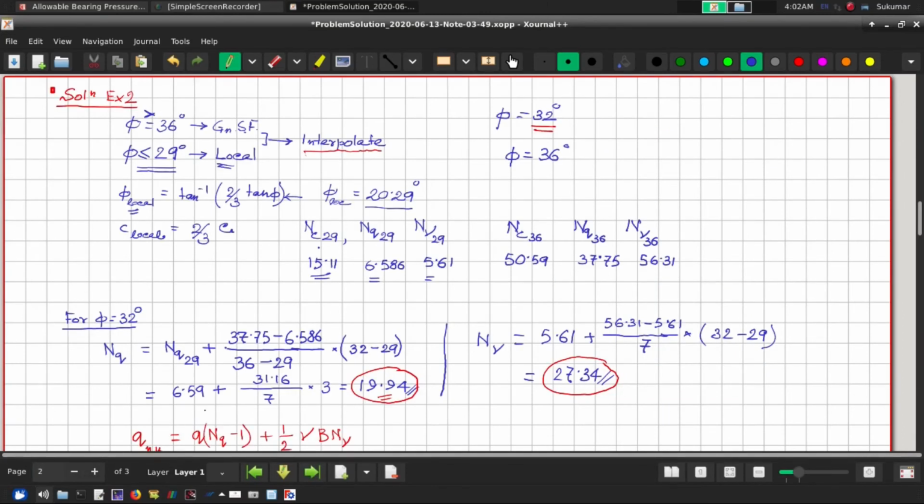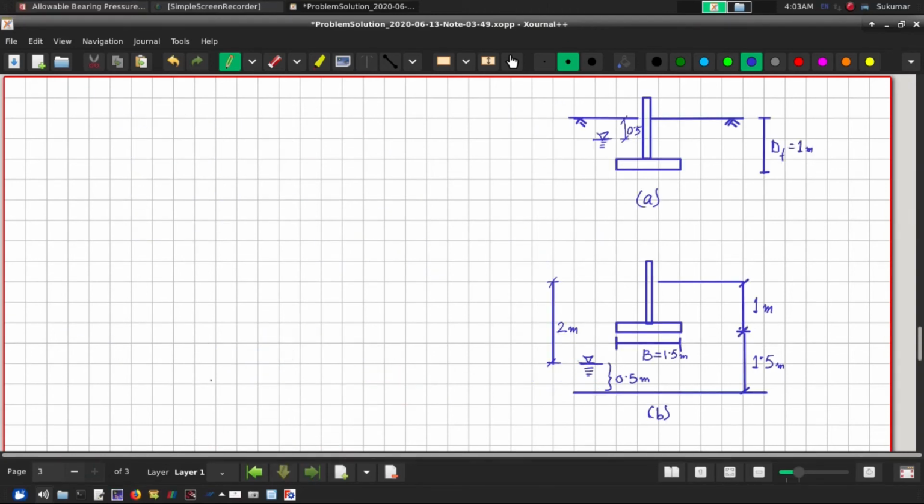We had already got the values of NQ and N gamma for the linearly interpolated case of phi equal to 32 degree, and these same values we are going to use in this case also.